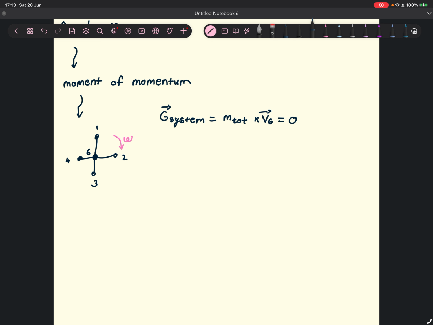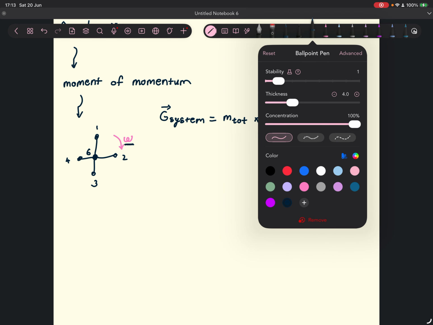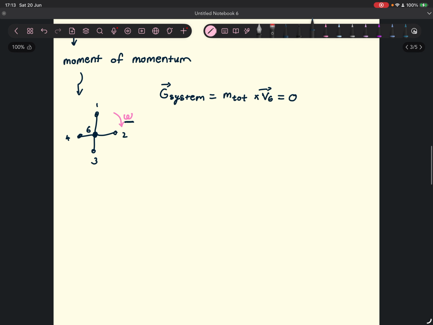So just like we call this angular velocity, which is the velocity associated with something rotating, we define angular momentum as the momentum of something rotating, right? So yeah, cool. So how do we get this angular momentum?